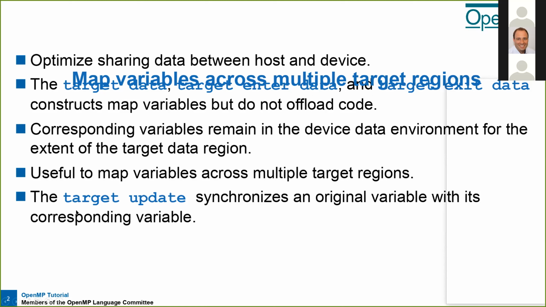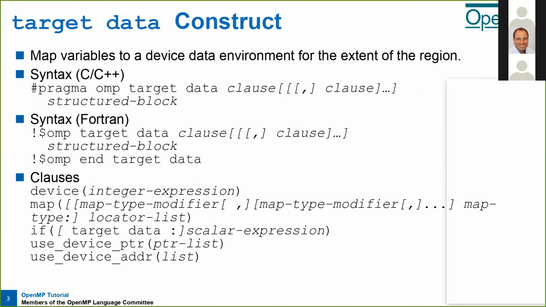In addition to that, we have the target update, and that, without the need for being at the end or the beginning of a kernel offload, we can synchronize data between the host and the device. Michael will talk a little bit more about tuning strategies. I want to now give you the ideas of the concepts.